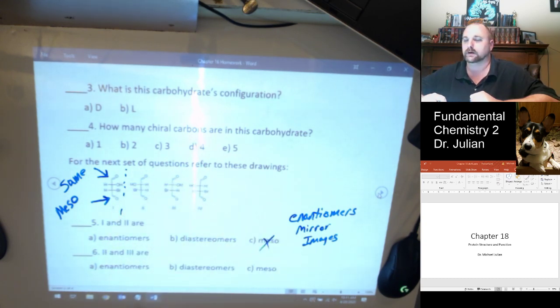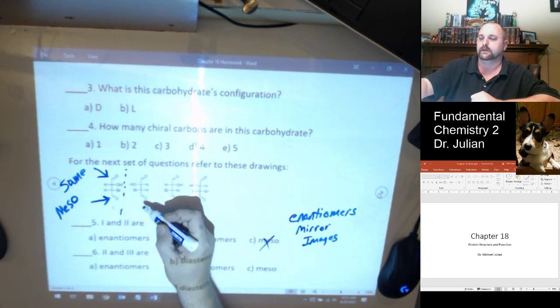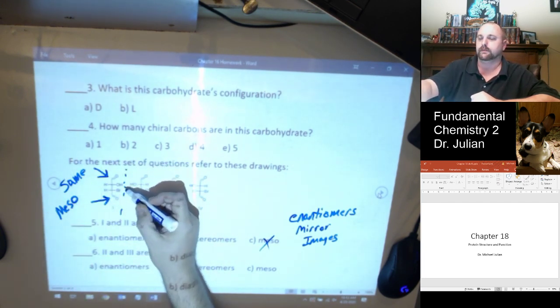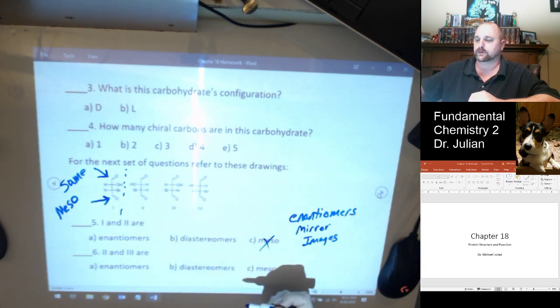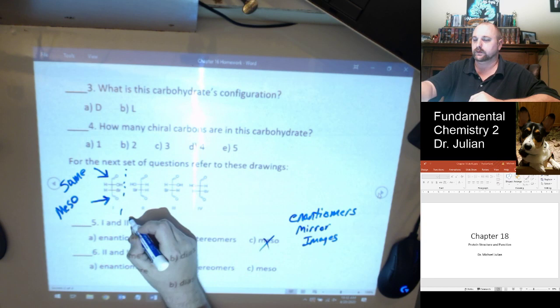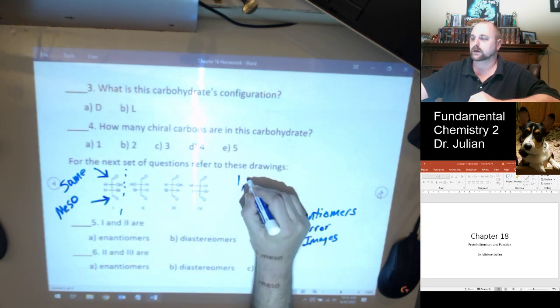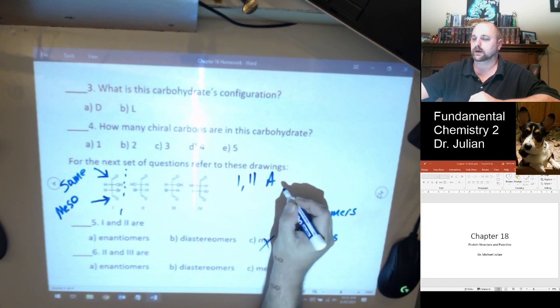Yes, I can. And if I flipped it around, if I took this and spun it, the BR would end up at the top. And so those are enantiomers. That is 1 and 2, so 1 and 2 is A.